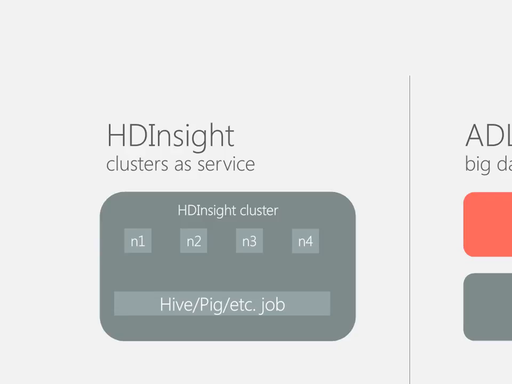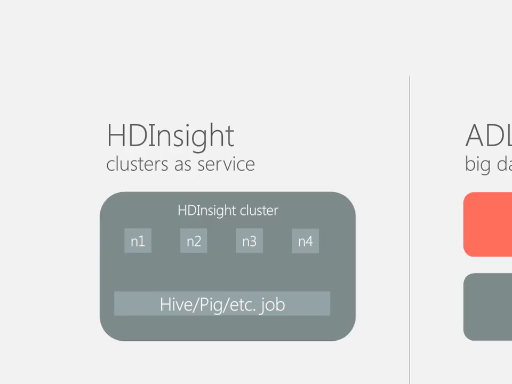For example, if you have a very good reason why you want HDInsight, you can very well choose HDInsight and you can run your queries. Right? But this is a cluster as a service. You are responsible to stand up a cluster, run it, scale it, manage it, and patch it. On the other hand, the ADL Data Lake Analytics service is a big data query as a service.